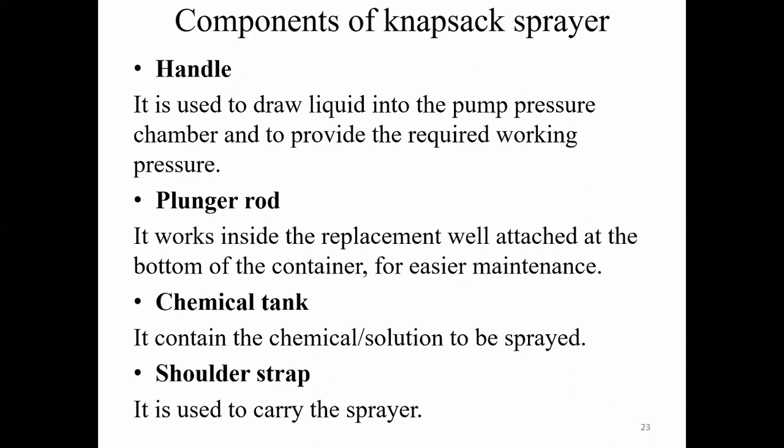So this is the first initiation of drawing the liquid in the chemical tank into the pressure chamber, and it is also utilized to provide the required working pressure. And plunger rod, this one is transmitting the power from the handle to the piston.